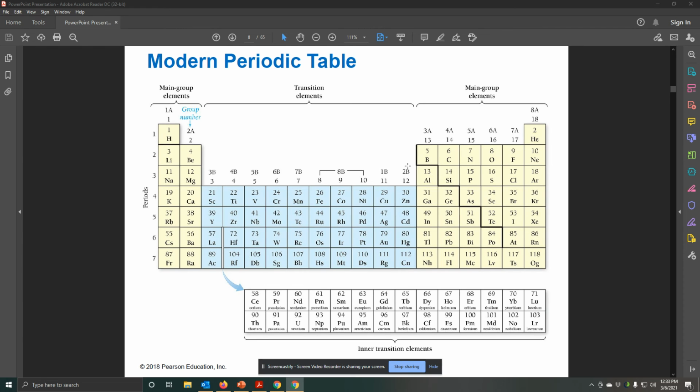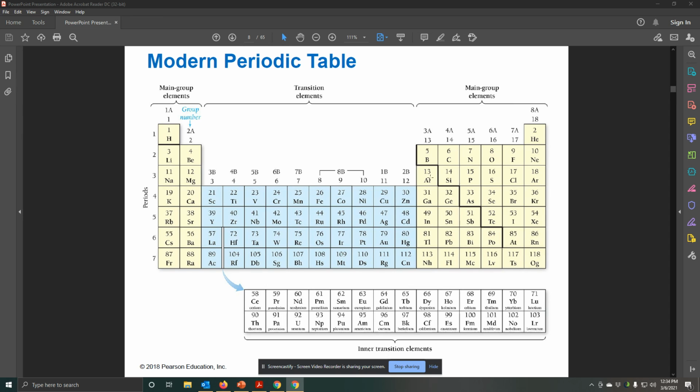Everything to the left, all this here, they are all metals. And then to the right is where we have our nonmetals. Now, hydrogen's obviously an exception to that. It's not a metal, it's a nonmetal. That's the only exception to the left of that staircase.